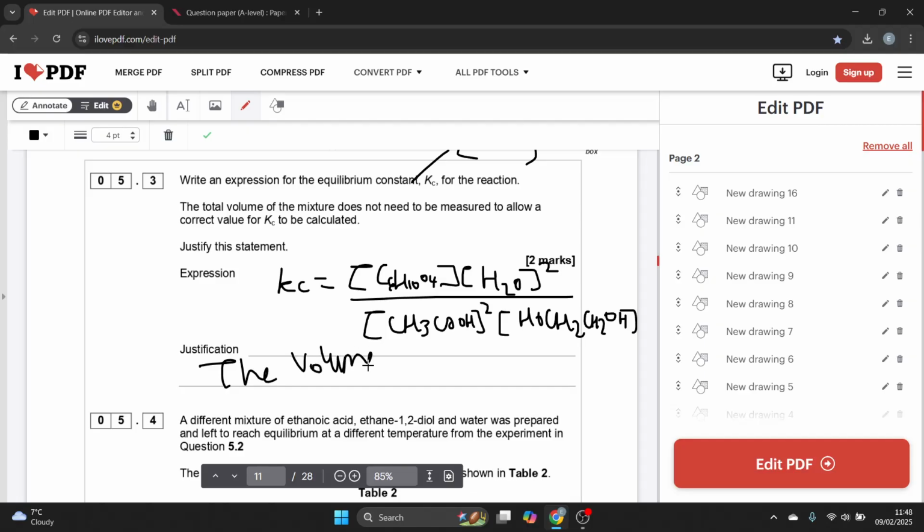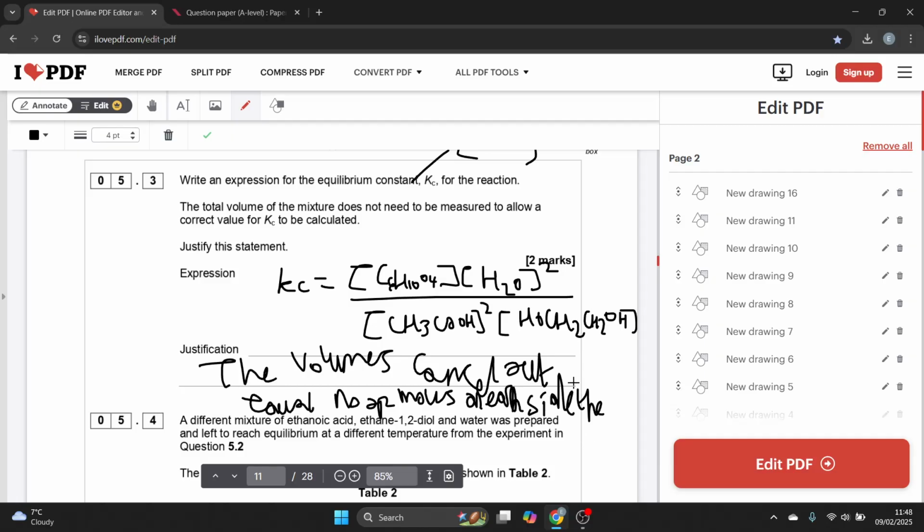The volumes will cancel out, therefore it does not need to be measured. Or you could say equal number of moles on each side of the equation, but I'll just stick with the volumes cancel out.